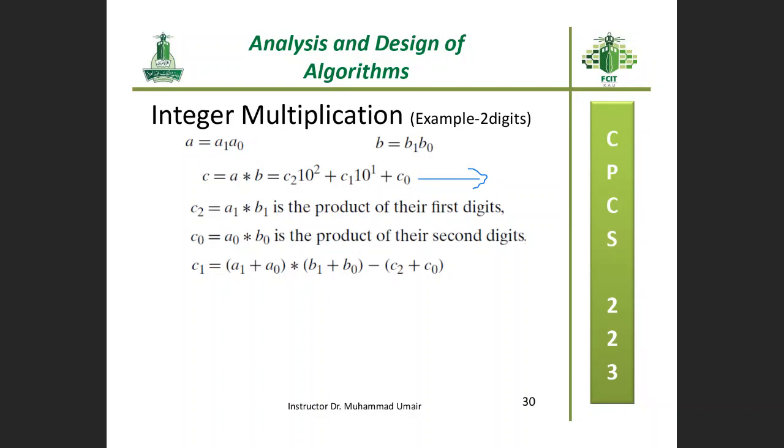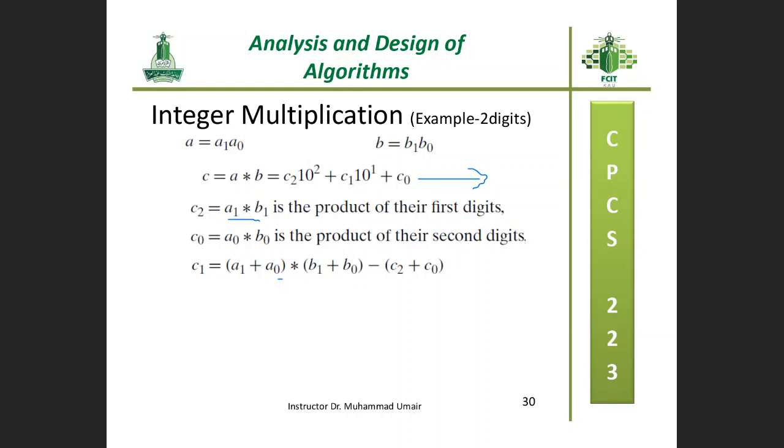So here, if we further simplify how you will calculate these numbers, you can observe that C2 can be calculated by multiplying A1 into B1. It means you have to multiply the tens digits of both numbers together.